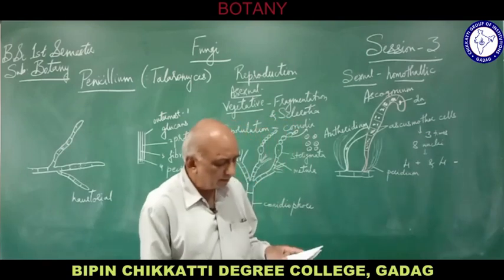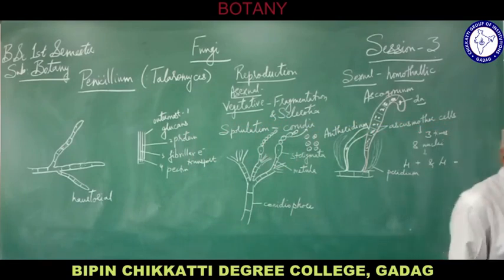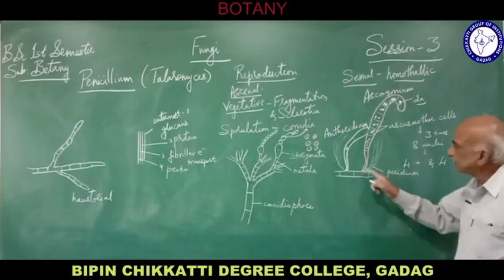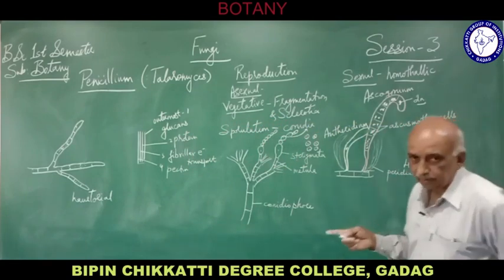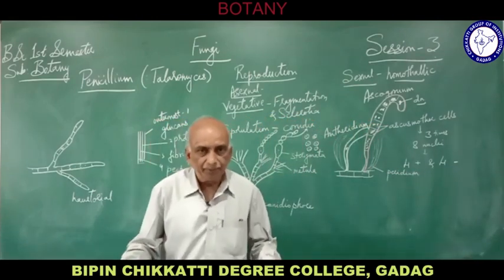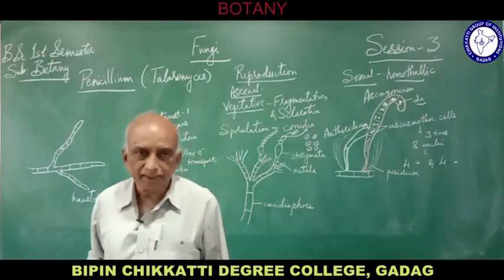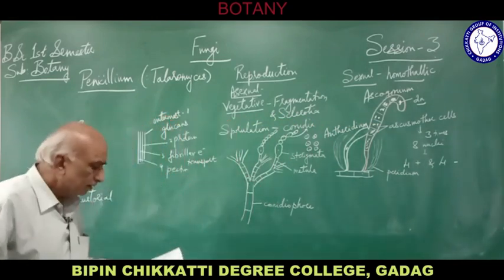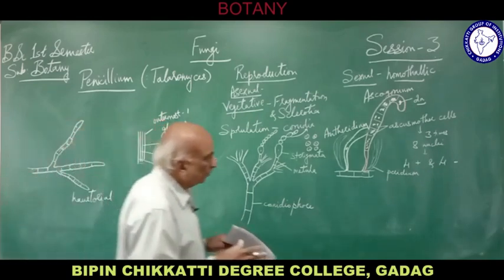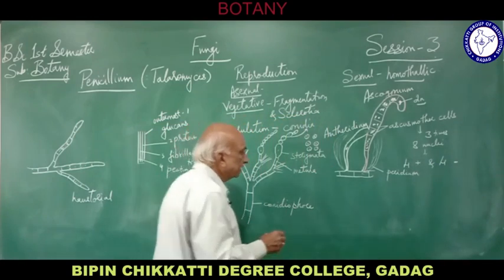This structure which is formed is called the ascocarp, the complete spherical structure. The ascocarp is closed by this sterile hyphae, and this is called the cleistothecium.